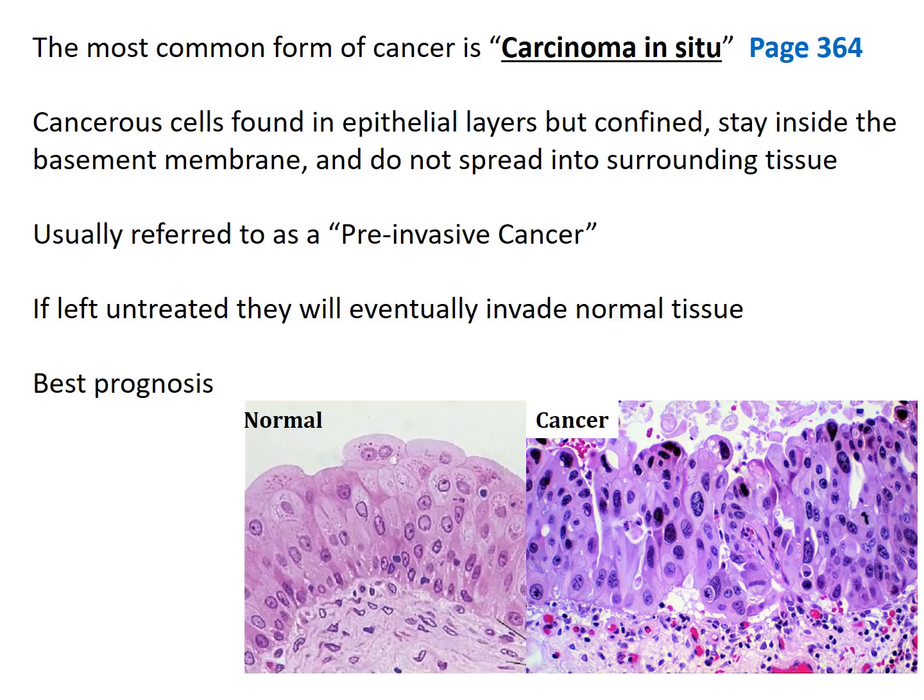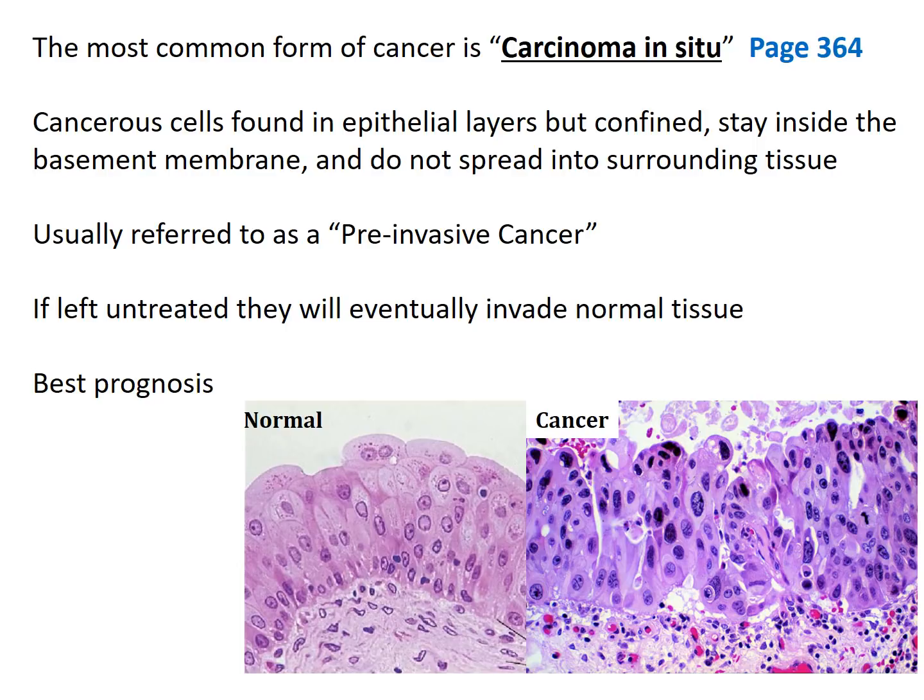So remember, one characteristic of the epithelium is those cells are confined above a basement membrane, meaning the cells do not bust out of the layer. They don't bust through the basement membrane and into deeper tissue. If you have cancerous cells of the epithelium, but they are all contained above the basement membrane, then we refer to that as carcinoma in situ.